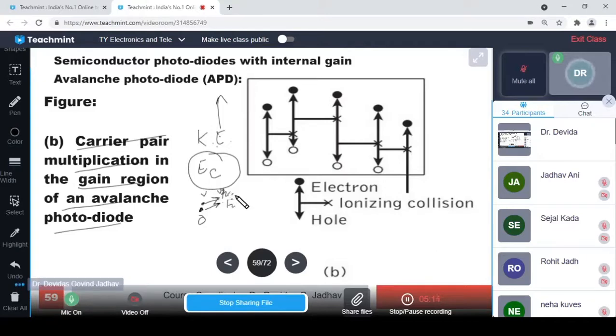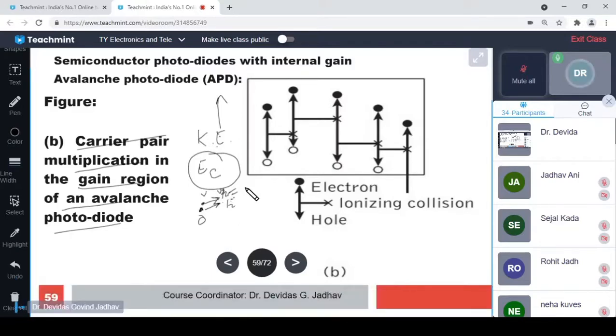And these 4 electrons again collide with the atomic structure and create 4 more electrons, total 8 electrons, and the energy goes on sharing. This kinetic energy is so high that one electron can release a very large number of electrons, maybe of the order of thousands, 10 raised to 3, 10 raised to 4 electrons. So multiplication is there.